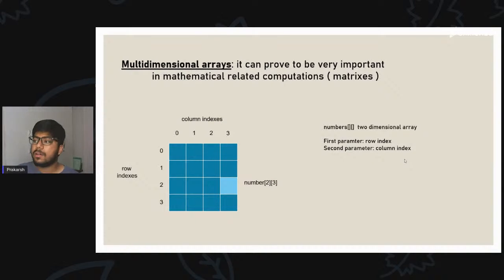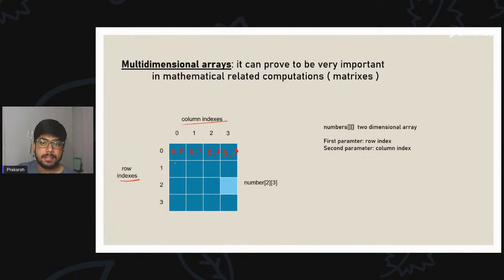Over here, if I'm saving a number, these are my column indexes and these are my row indexes. Both of them together make my complete number index. For me to access a number, if you remember, this is 0,0, this is 0,1, this is 0,2, this is 0,3.